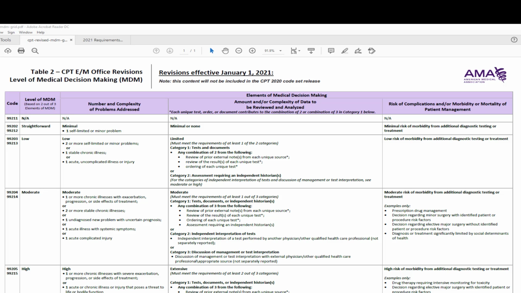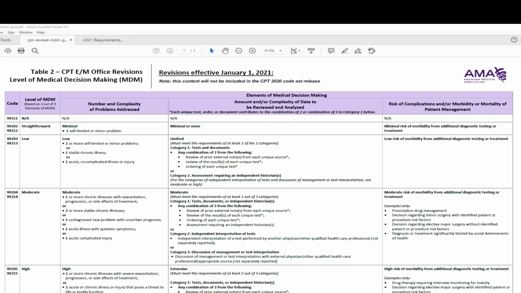Must meet the requirements of at least one out of three categories, right? One out of the three categories. The three categories are, well, category 1 is tests, documents, or independent historians. Number 2 is independent interpretation of tests. Number 3, discussion of management or test interpretation. All right, first, tests, documents, or independent historians. You need any combination of three of the following four.